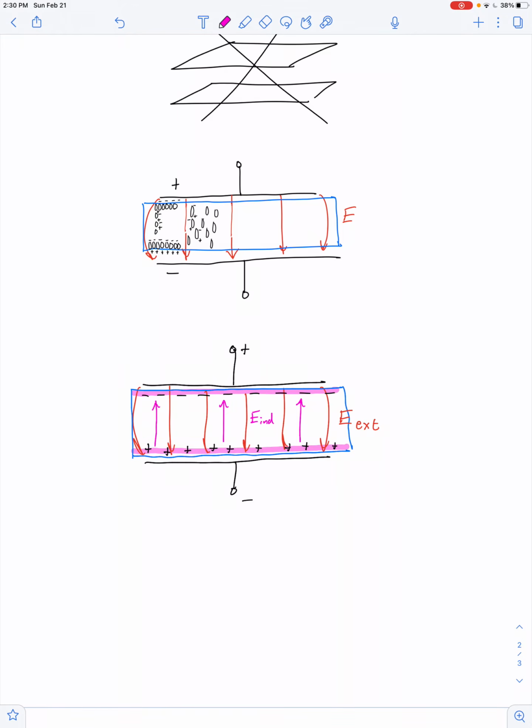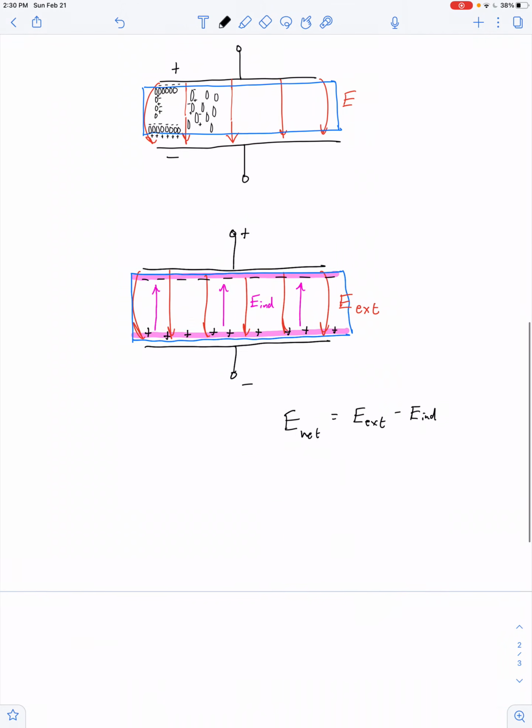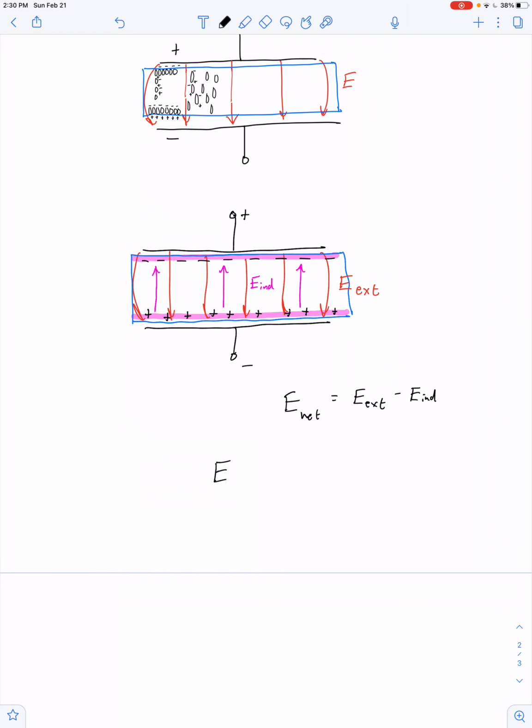So we end up with a net electric field that's equal to the external field minus the induced field. In other words, the electric field has gone down in magnitude.